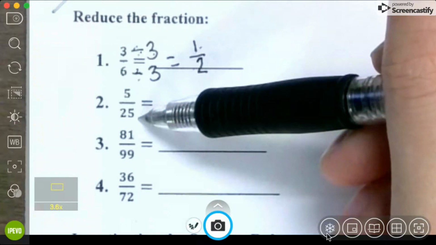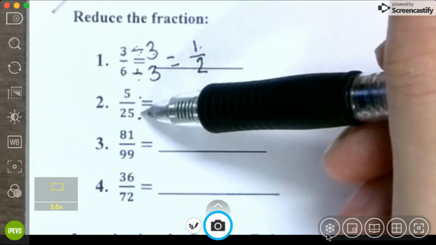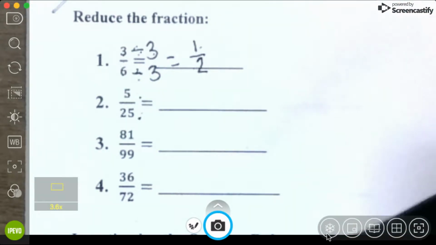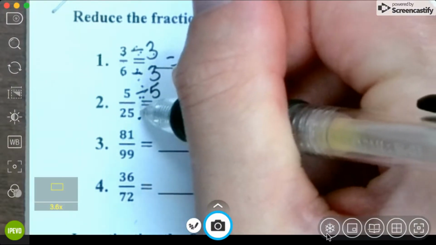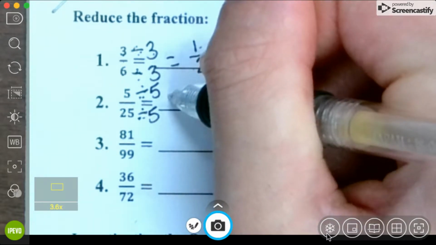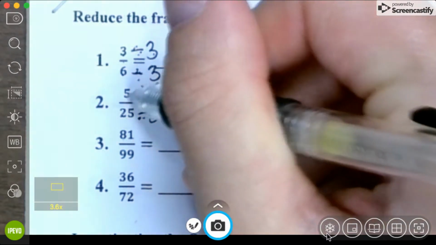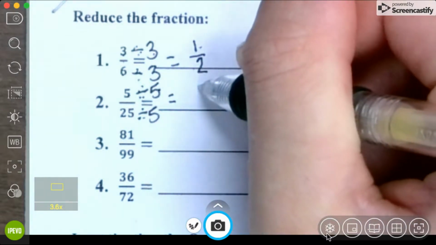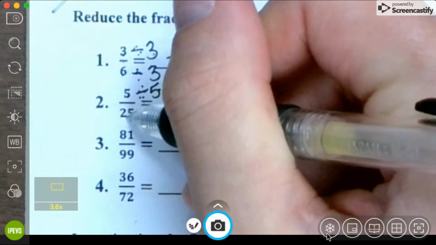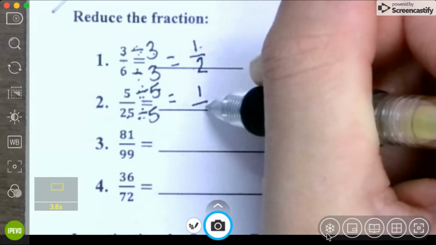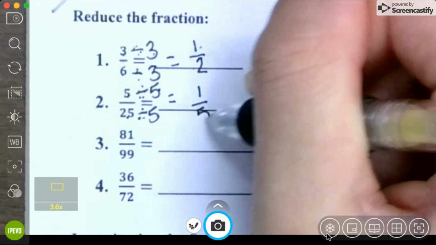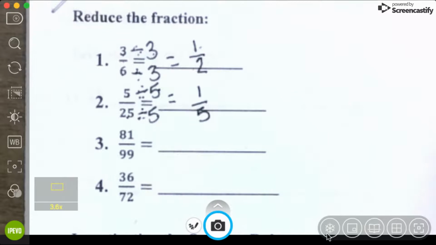I'm looking for a number that I can divide both 5 and 25 by. 5. So I'm going to divide by 5 on top and divide by 5 on bottom. So 5 divided by 5 is 1. 25 divided by 5 is 5. I can't divide that any further.